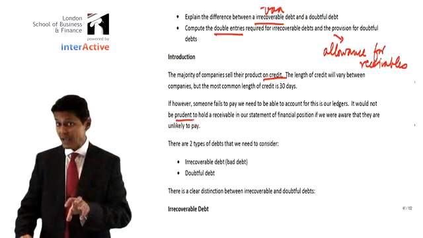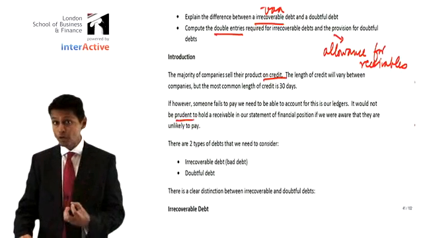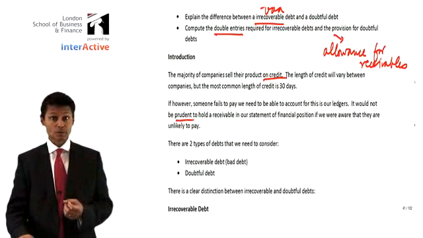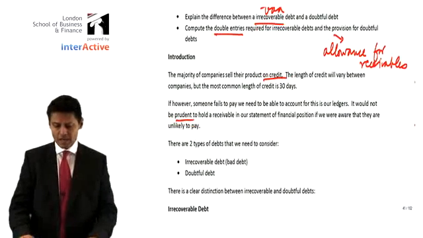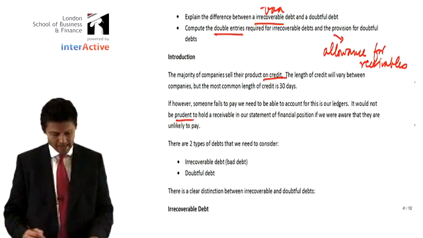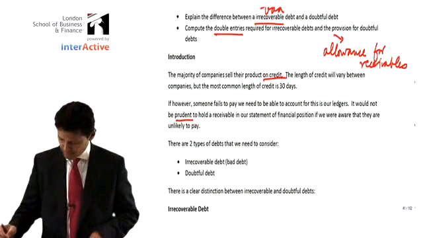Because it is incorrect to carry an asset in your statement of financial position where you know you're not going to convert that asset into cash, an economic resource. Now, there are two types of debt that we need to consider: irrecoverable or bad debt, and of course, as we were saying, doubtful debts.